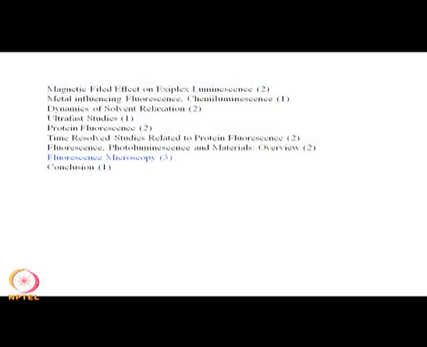Then we moved to protein fluorescence, and in this heading, we are still not in imaging. We have not talked about imaging until this protein fluorescence. Here we talked about the significance of protein fluorescence, and what factors are responsible for the intrinsic fluorescence of protein.